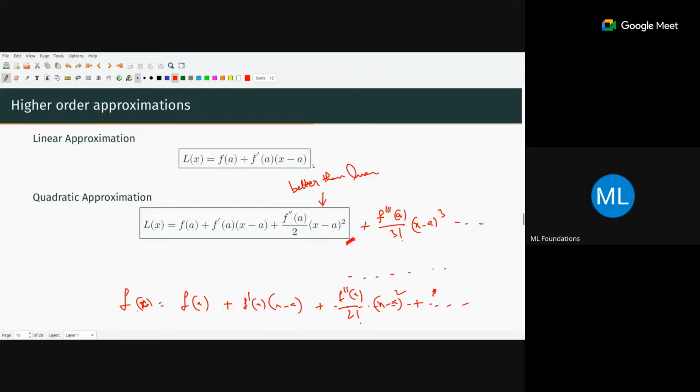This is also an approximation, and this is the best approximation we have, so we also call it the Taylor series. All the things are connected. Slowly the linear, quadratic and cubic approximations converge to the Taylor approximation, and that is the better approximation for the function.